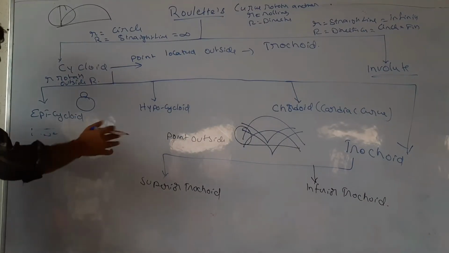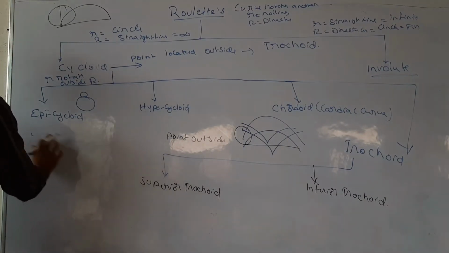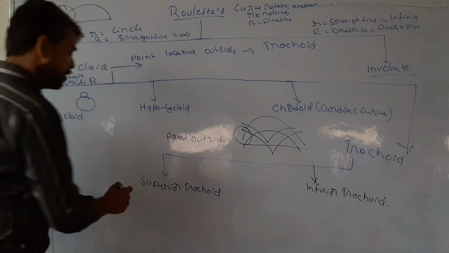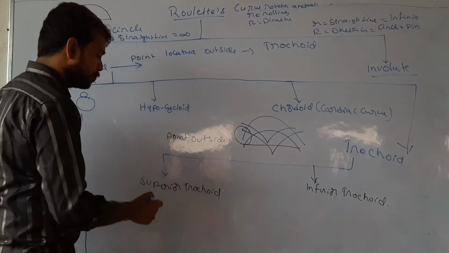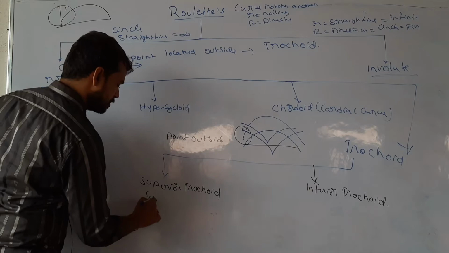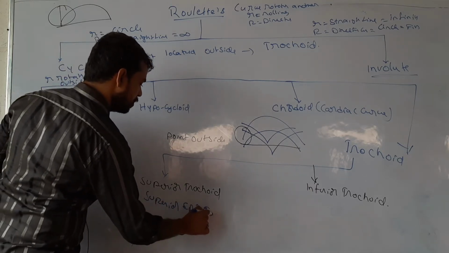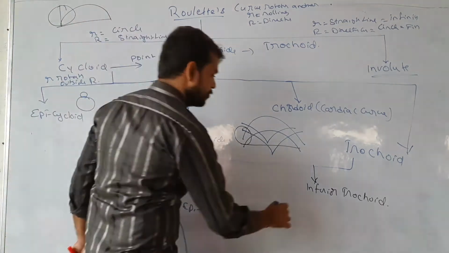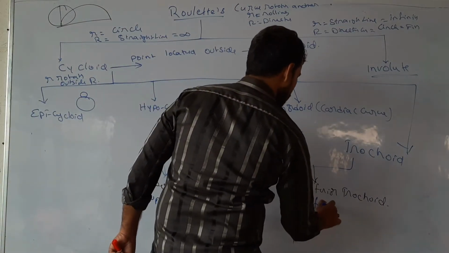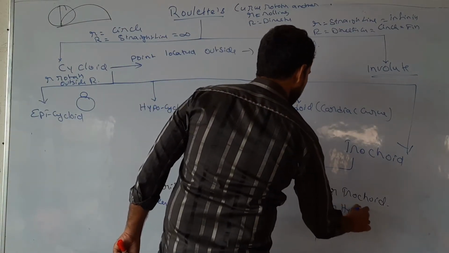Sir, are these trochoids applicable for epi and hypo also? Yes, of course. This is called superior epitrochoid, and that is known as inferior hypotrochoid.